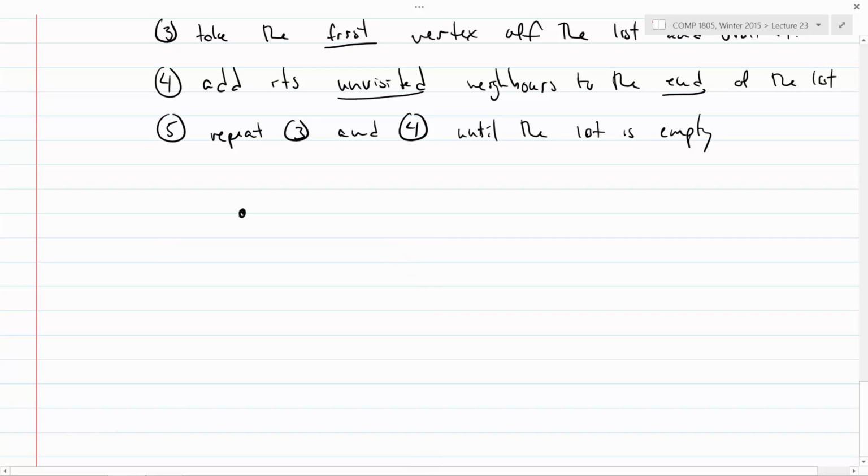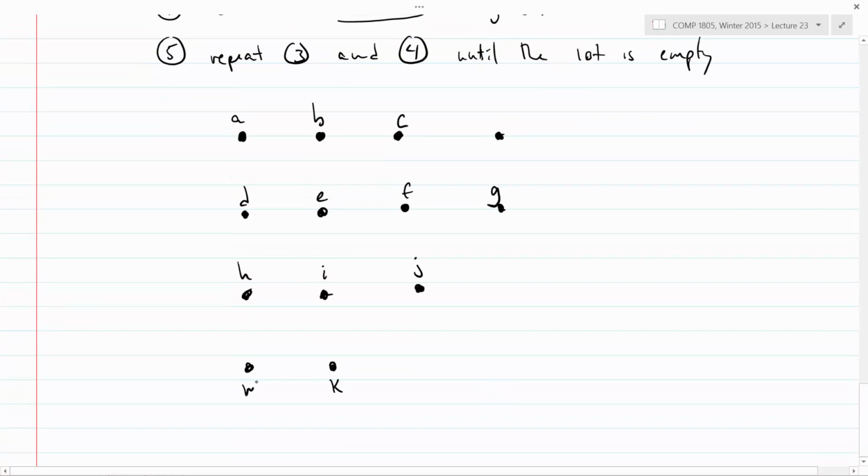So here's my graph I'm going to do for this one. It's a little bit more grid-like. So this is A, B, C, D, E, F. I think I called this one G, H, I, J, K, M, L. And it's connected this way.